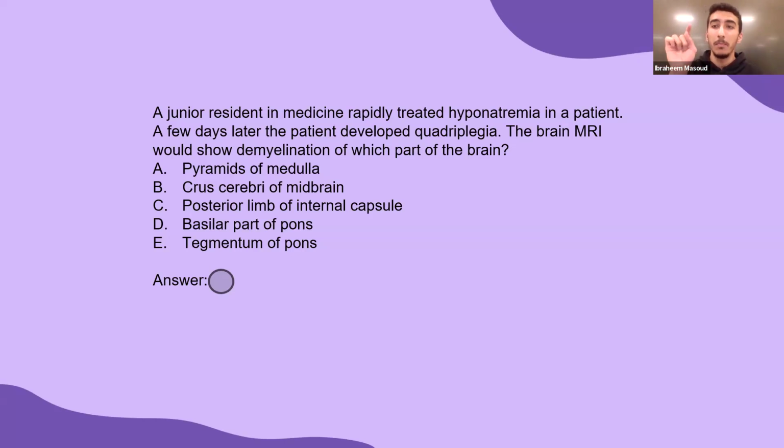He will get what syndrome? Locked-in syndrome. Why? Because there will be a problem with the basilar part of the pons. Correct. Know this. Just know it. When you give too much sodium to someone who has low sodium, you'll get locked-in syndrome, or the basilar part of the pons will be affected. Demyelination.